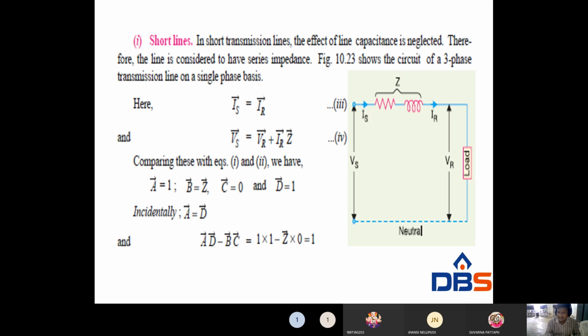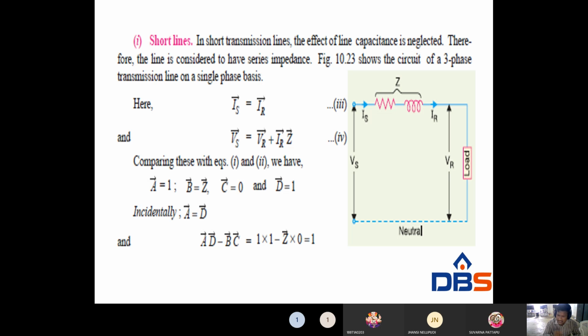A is equal to D is equal to 1, B is equal to Z, C is equal to 0. So apply the properties. Symmetric property, A is equal to D, is correct, and AD minus BC is 1 into 1 minus Z into 0, which is 1. So both properties are satisfied.